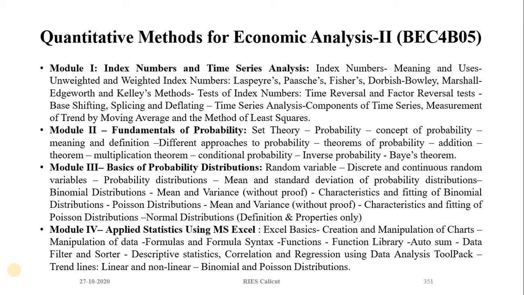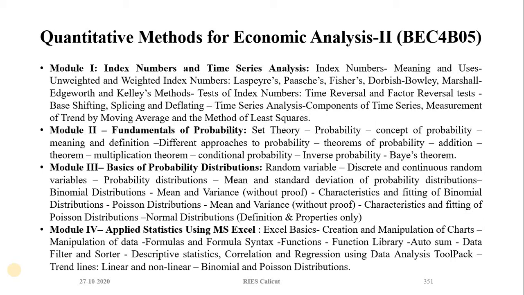This semester we have only 4 modules. The first module is about index numbers and time series analysis. Those who have completed +2 in humanities or commerce might have learned the index number but may not have learned time series analysis.